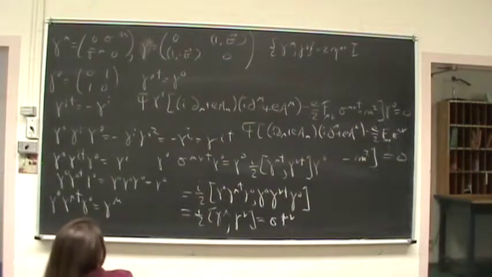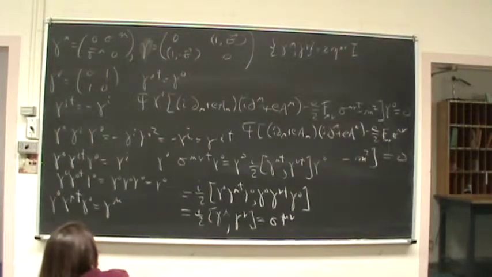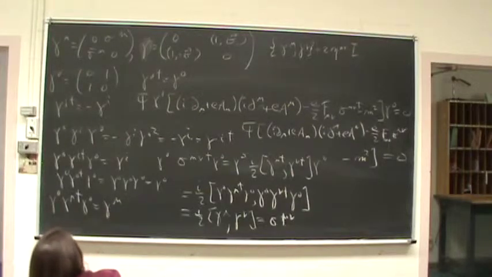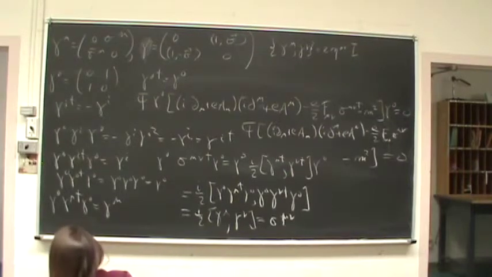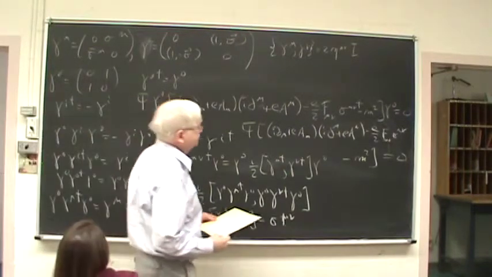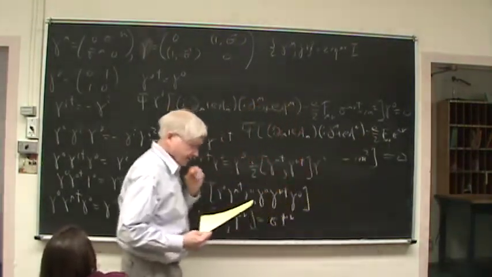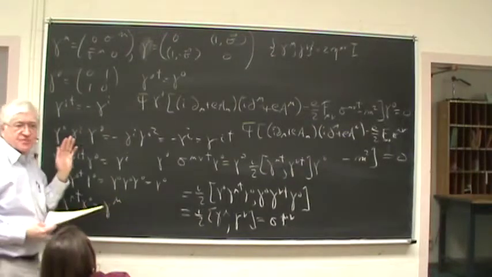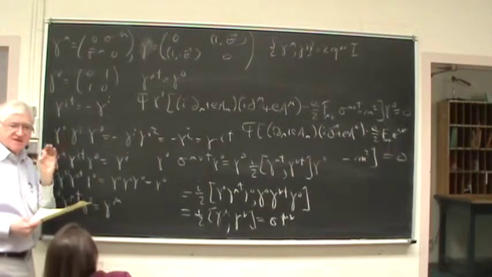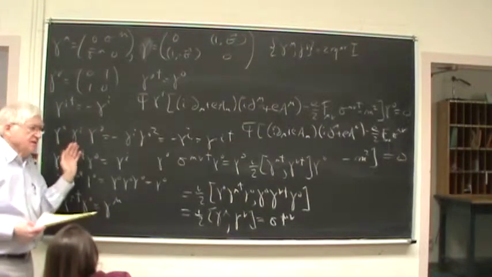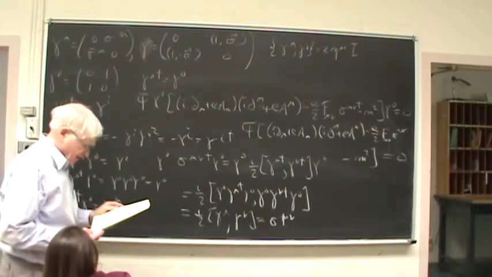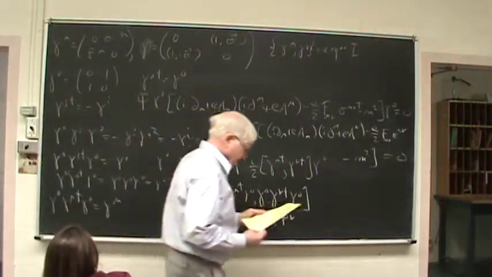This differs from Schwartz by a minus sign in the F mu nu term. I think this is the correct sign, but if any of you think Schwartz has the right sign, send me an email and we can go from there.